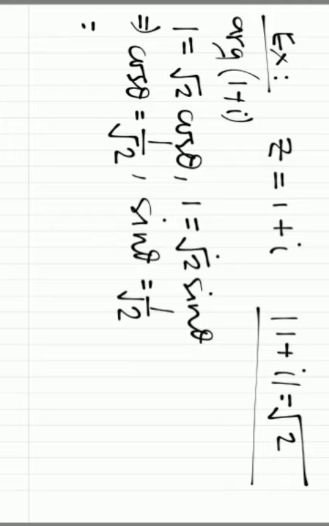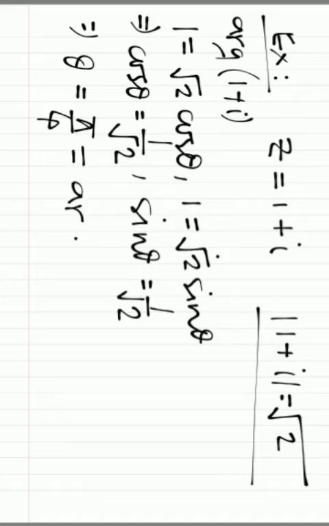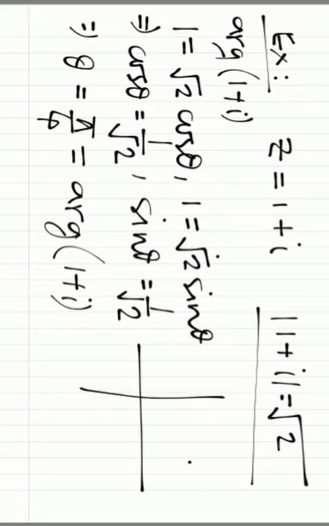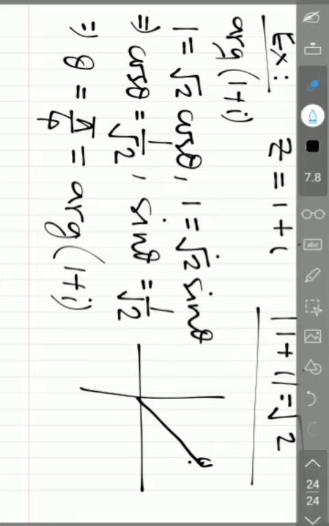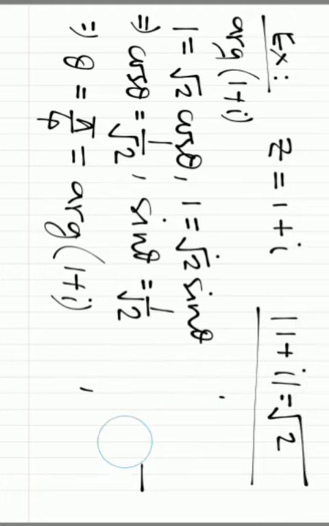So from here we can write theta is pi by 4, and this is the argument of the complex number 1 plus i. That says if you plot this number in the two-dimensional plane, it will make an angle of 45 degrees with the positive direction of x-axis. Okay, so this is the idea of argument. So let me give another example that will clarify your doubts.